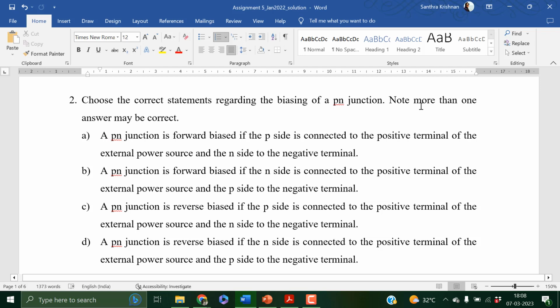If you know the forward biasing and reverse biasing of a PN junction, you can pick two options.